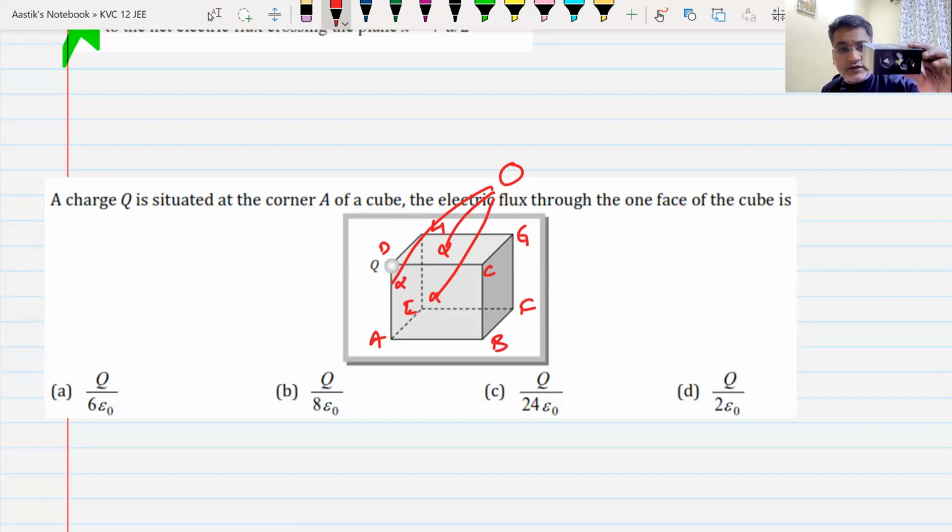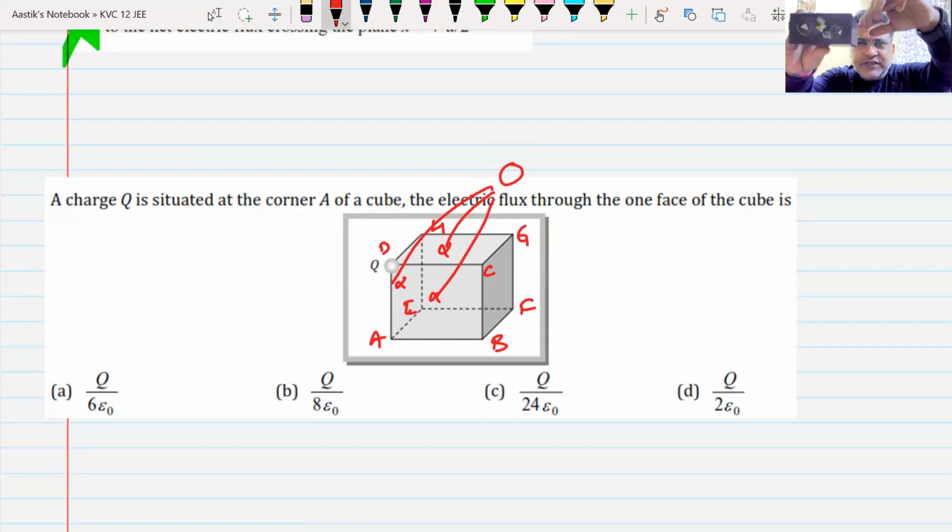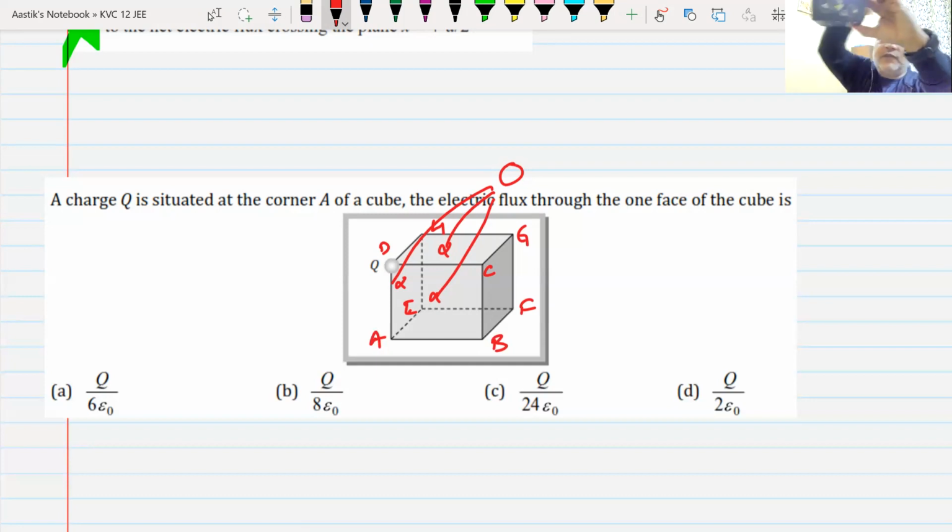Now I have to enclose it. Remember the charge is here. How many cubes will I need to enclose it? 6, sir. How 6? See, it's here, so I put one cube at the back, one cube here, and one cube here. With 4 cubes, I would only be able to... 7 cubes, sir.